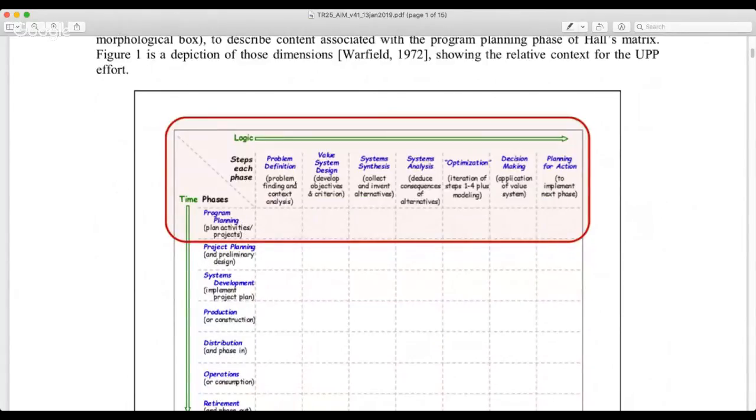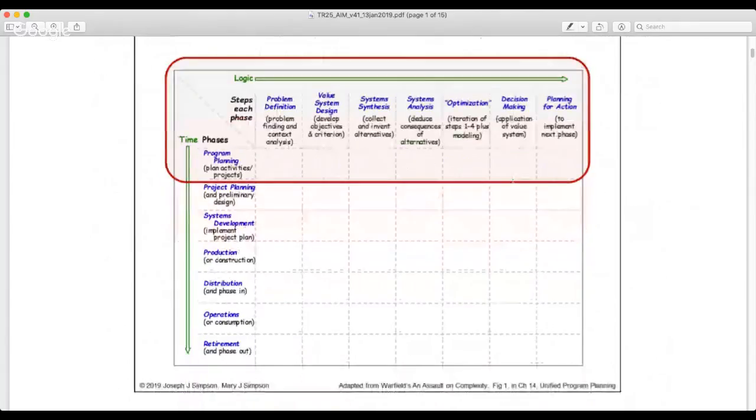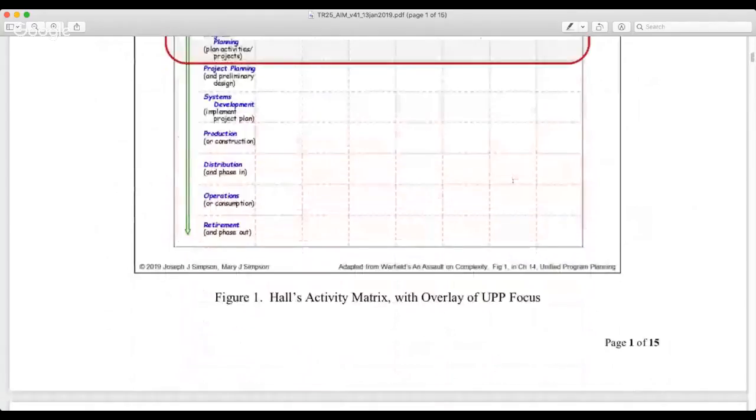You have problem definition, you have value system design. This is very important. System synthesis, systems analysis, optimization, decision making, and then planning for action. So these are the steps in the unified program planning that Warfield drilled down to develop this process.